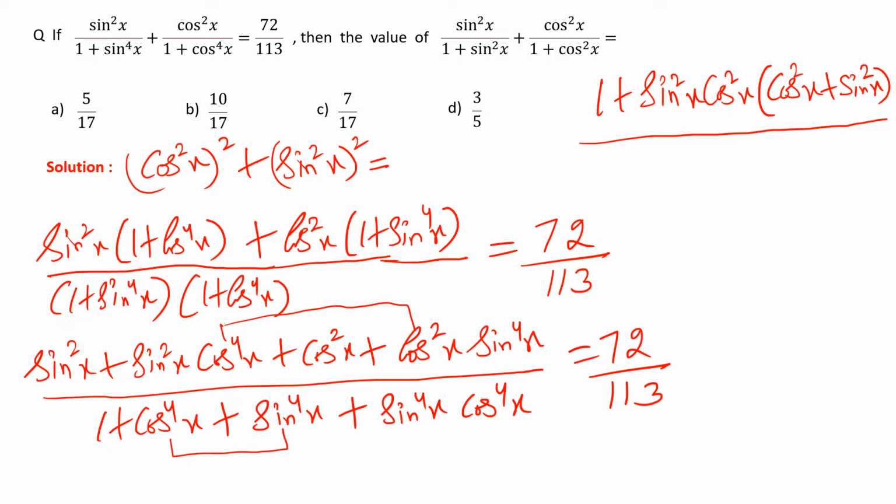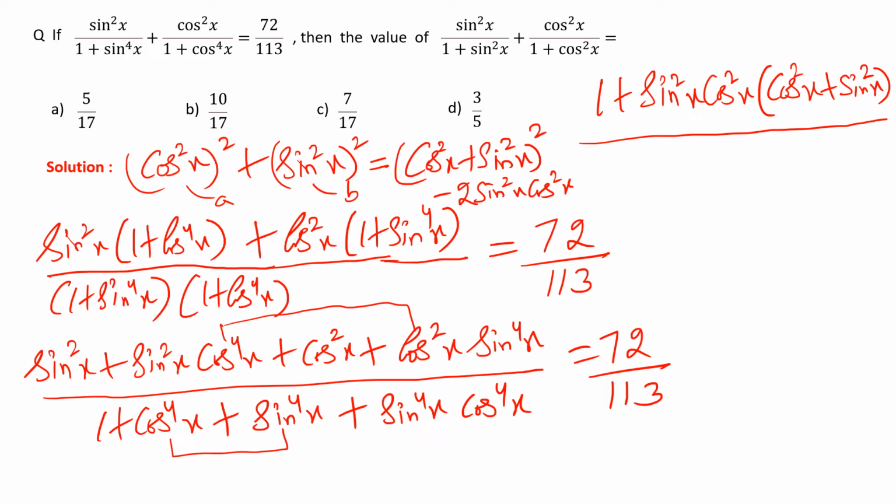So that means if I take a as cos square x and b as sine square x, then this expression will become cos square x plus sine square x whole square minus 2 sine square x into cos square x, right?